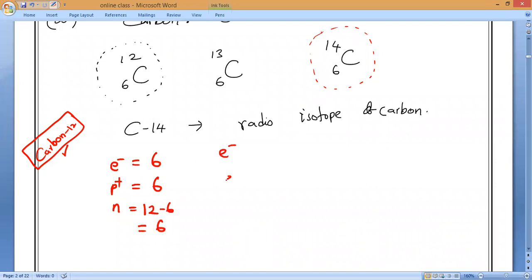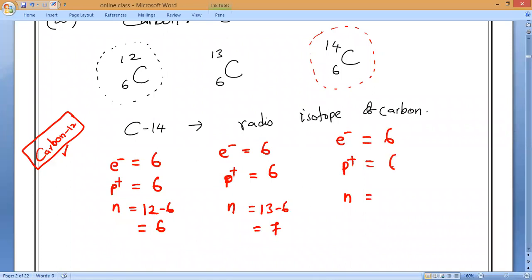Next: electrons 6, protons 6, neutrons 13 minus 6 equals 7. Same way: in the exam also you have to write like this only. Number of electrons 6, protons 6, neutrons 14 minus 6, which is 8. That's all. Write it fast.